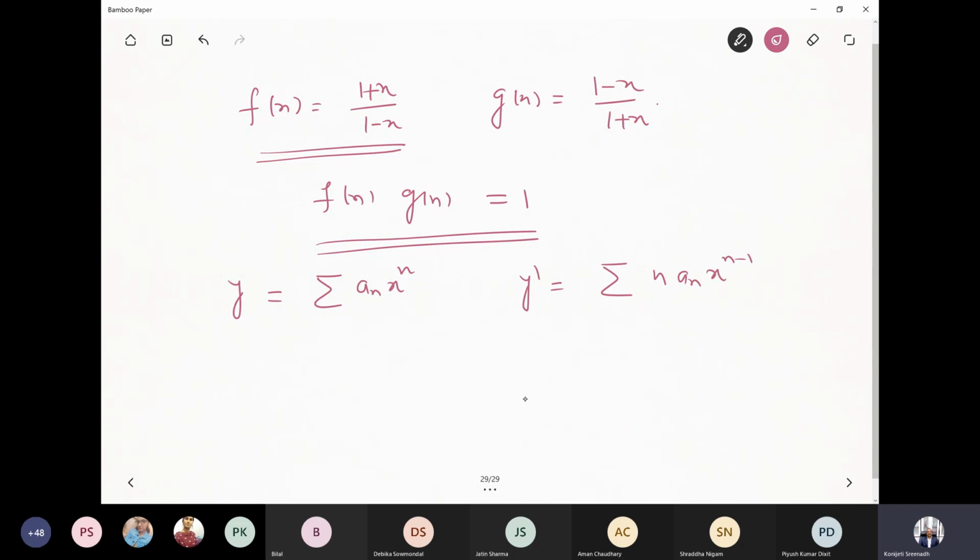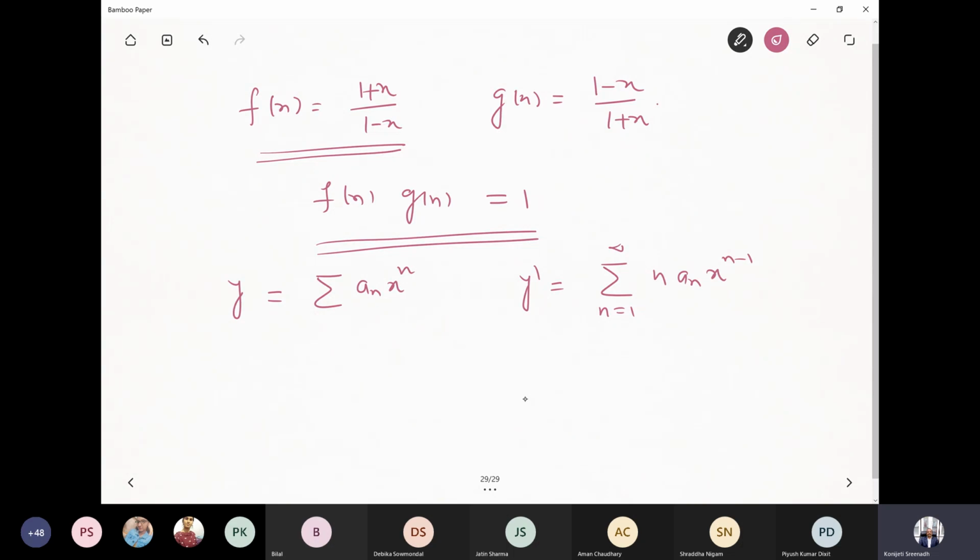This series is actually from n equals 1 to infinity. If you expand this a little bit more, I get a1 plus 2 a2 x and so on.